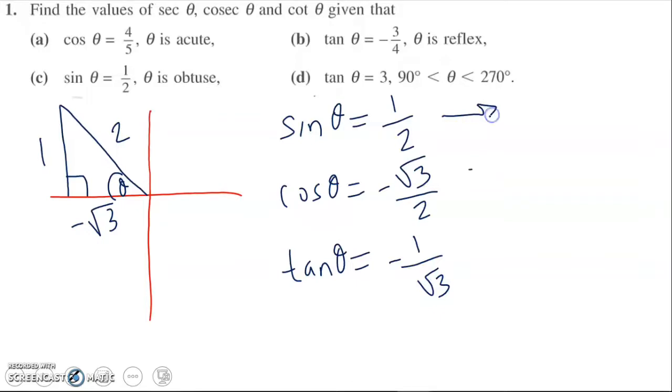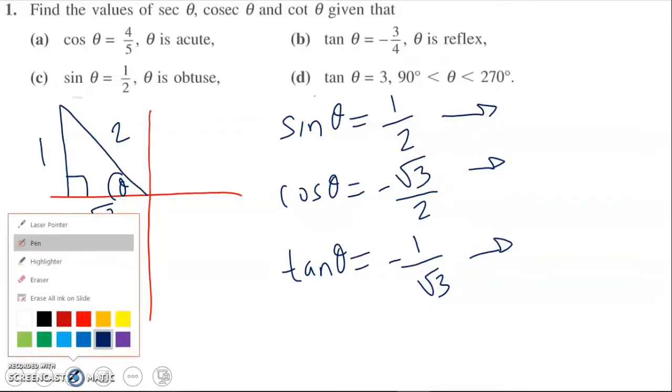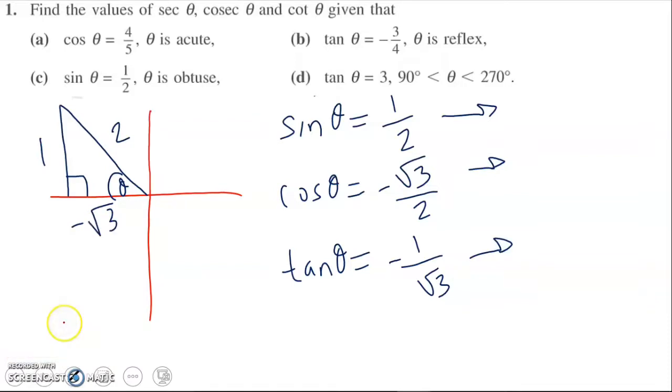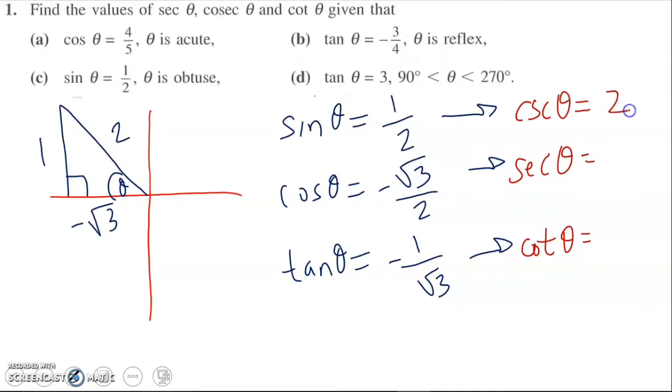We're going to find the inverses of each, which would mean cosecant, secant, and cotangent. Cosecant, again, find the inverse. That would be positive 2.